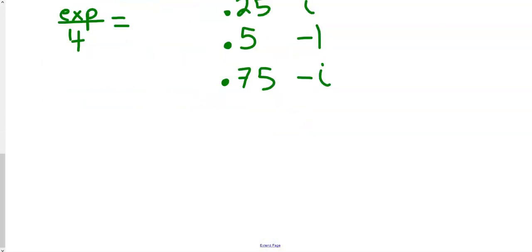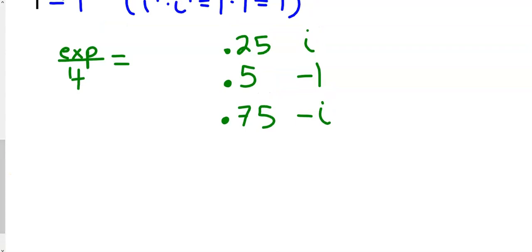And last but not least, when you divide and you have no decimal, it's just a number, your answer is 1. So that's how we can use our exponent of whatever i is divided by 4, and that's going to tell you what your end result is. It'll either be i, which represents 0.25, -1, which represents 0.5, or -i, which represents 0.75, or just 1, because there's no decimal.